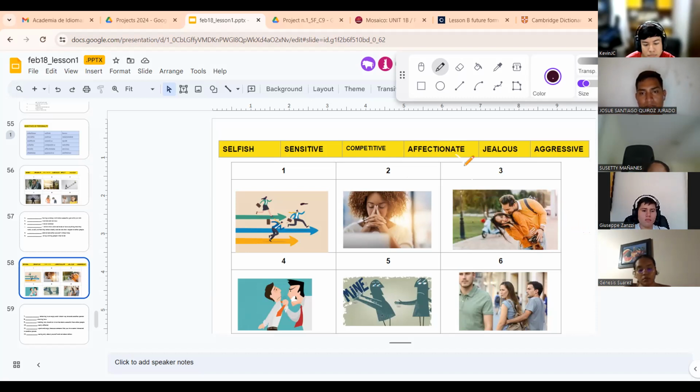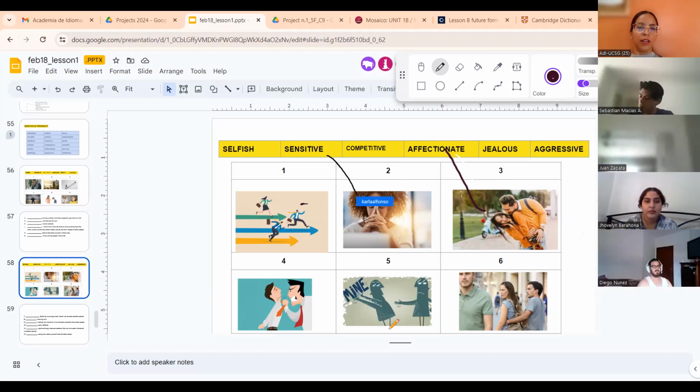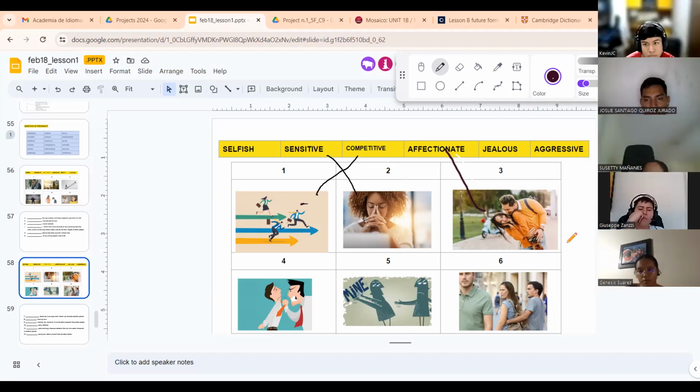Okay, Carla has already done one, affectionate. Number three, yes, Carla, that's yours, affectionate. Carla, try another one. Sensitive. And competitive. All right, thank you so much, Carla. Josue, continue.